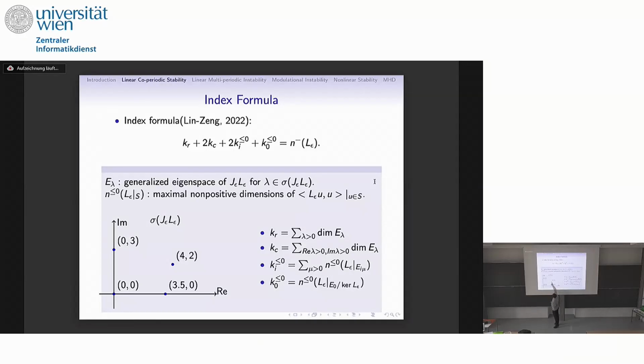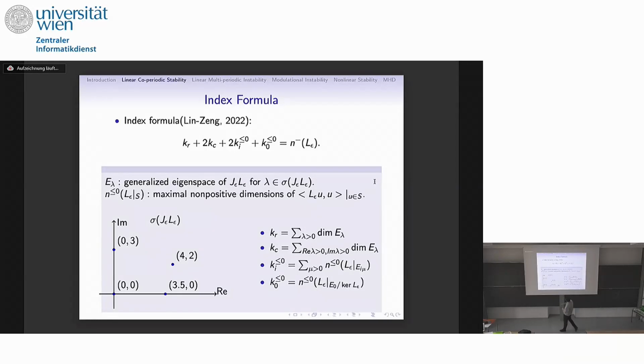And KC counts the complex eigenvalues. And Ki, which is less than or equal to 0, counts the imaginary eigenvalues, but we only count the non-positive dimensions restricted to purely imaginary eigenvalues. So it's also called the negative Krein signature.